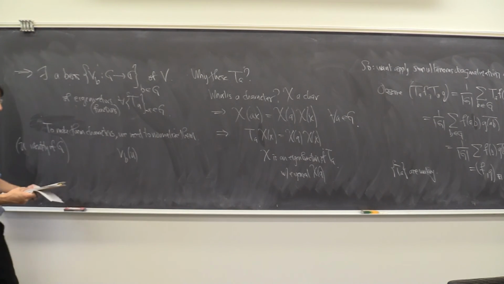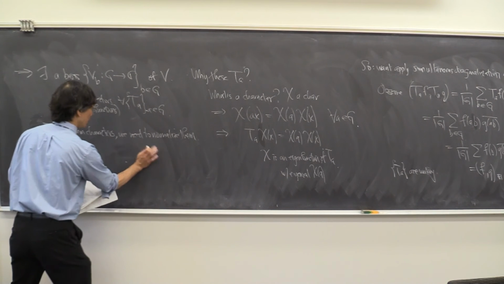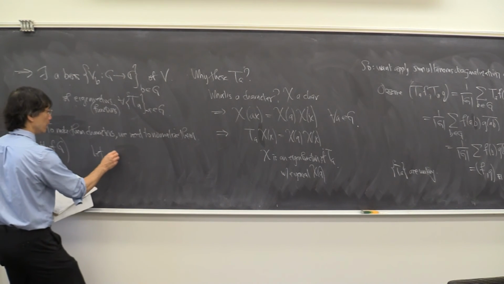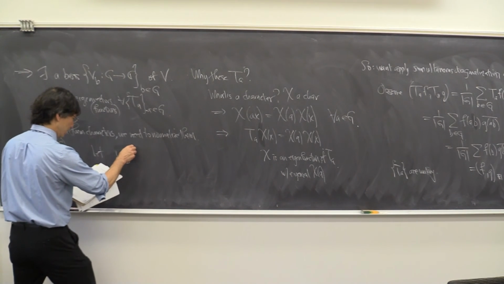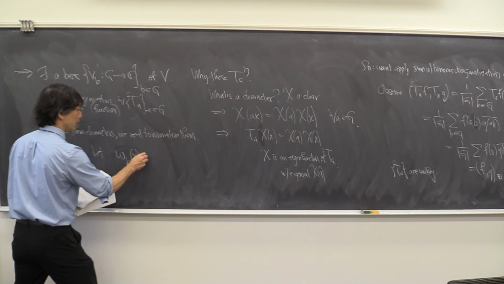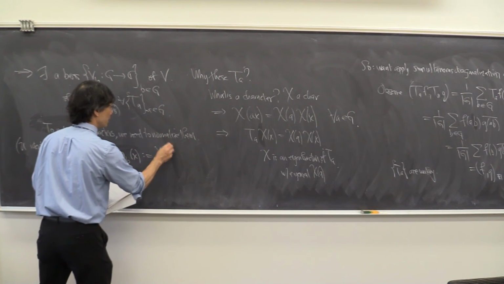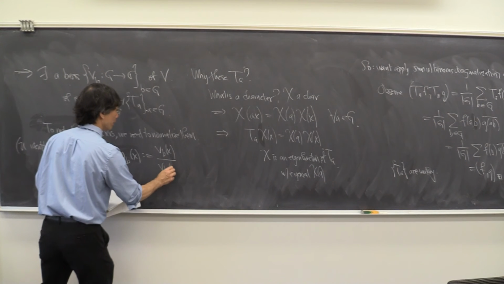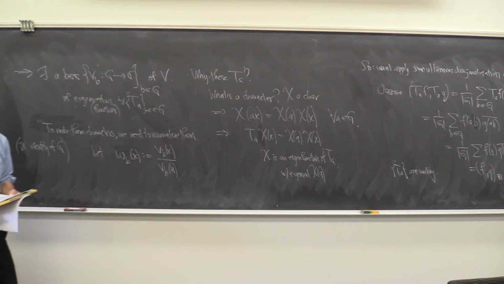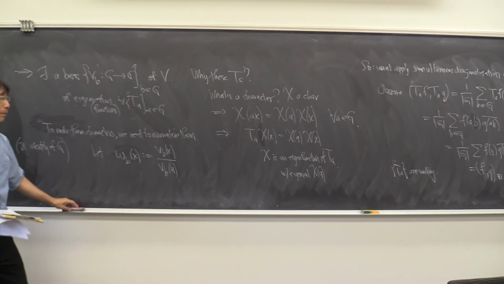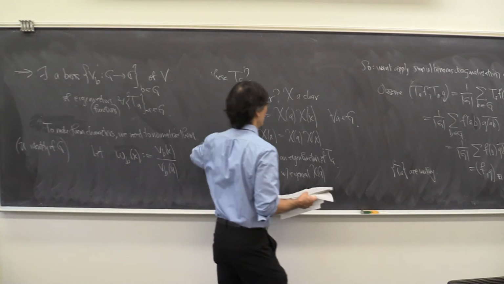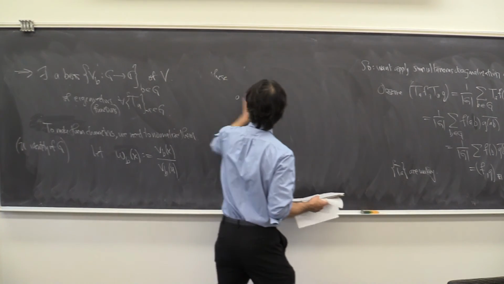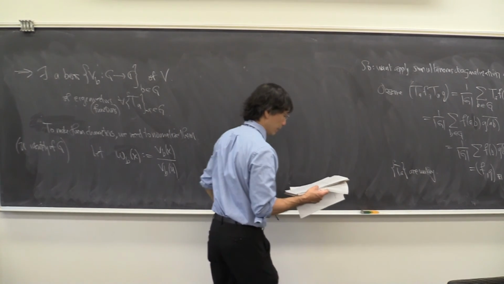So you just normalize. You say, let W sub B of x be defined as V sub B of x over V sub B of U. And that will get rid of that problem. Then we'll get that these guys actually are the characters.